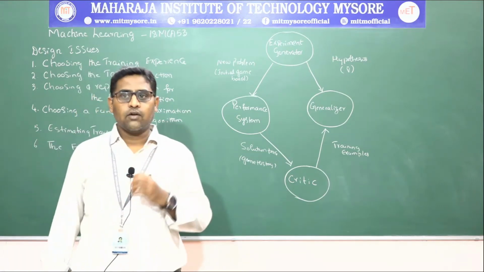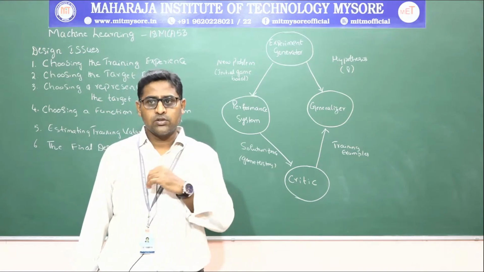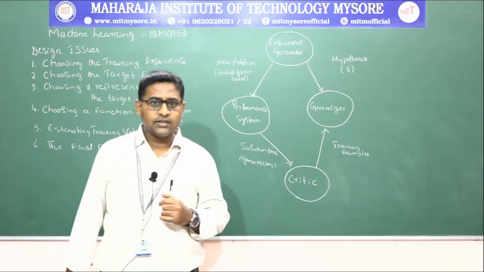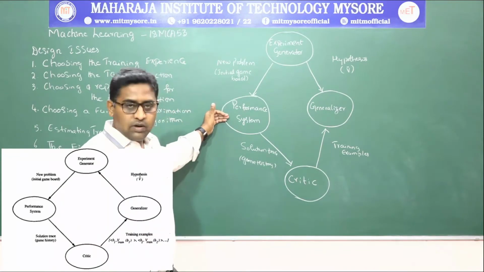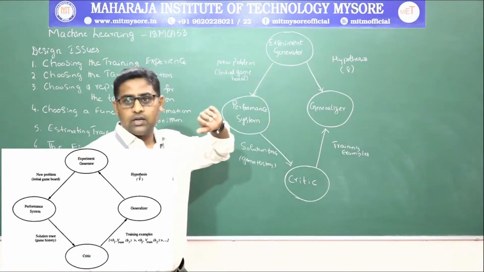The final design of a checkers learning system can be described in 4 distinctive program modules that represent the central components in a learning system. For example, performance system, critic, generalizer, and experiment generator.